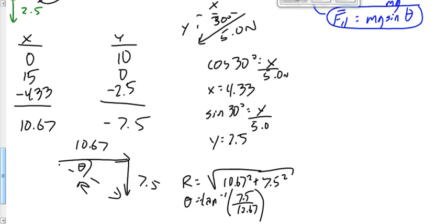The worst case scenario is, oh, you didn't notice that I said what's the magnitude of the resultant vector, and you didn't need the direction. The worst case scenario is you didn't notice that, you found the direction, you put it down, and then you realize, oh, I didn't need to do that. Oh, well, you did some extra work, right? It's better to err on the side of doing too much than not doing enough. So if you're doing one of these questions or anything like this, find theta as well. Even if it doesn't specifically say, find the direction.